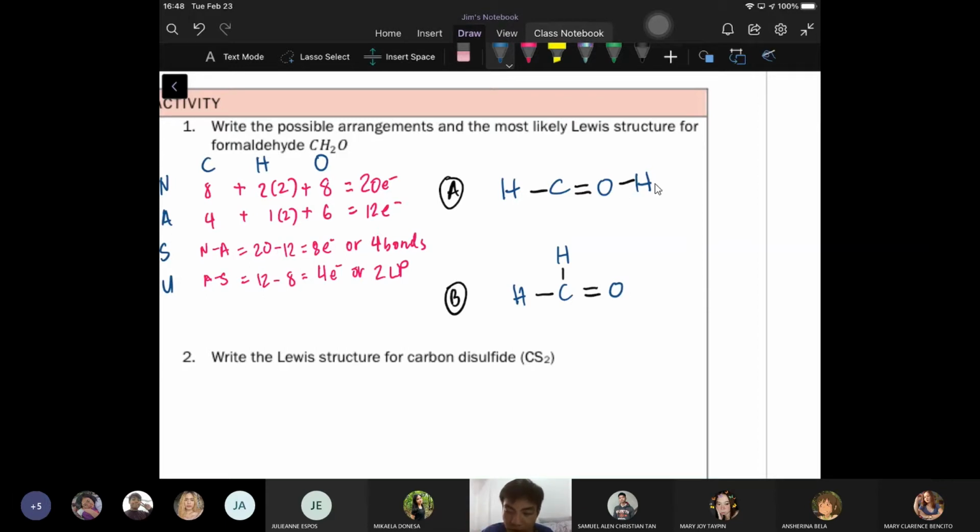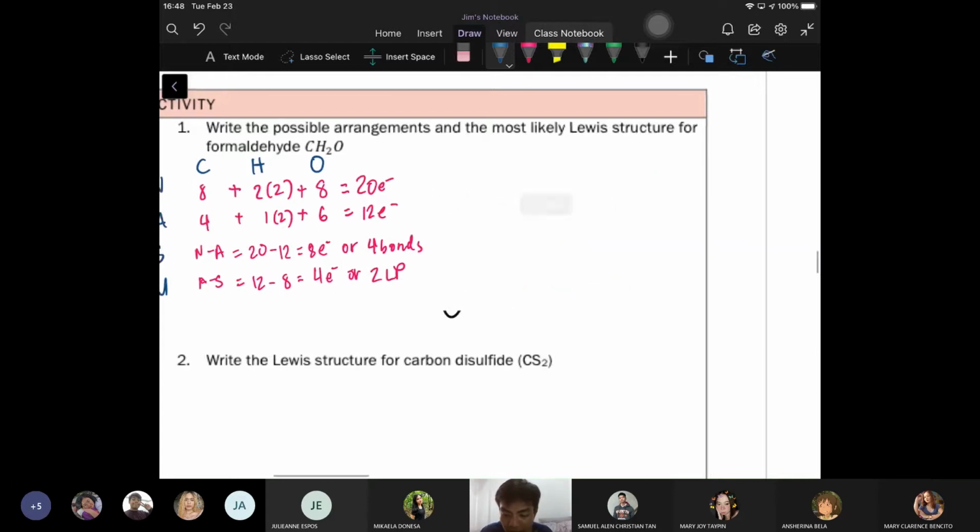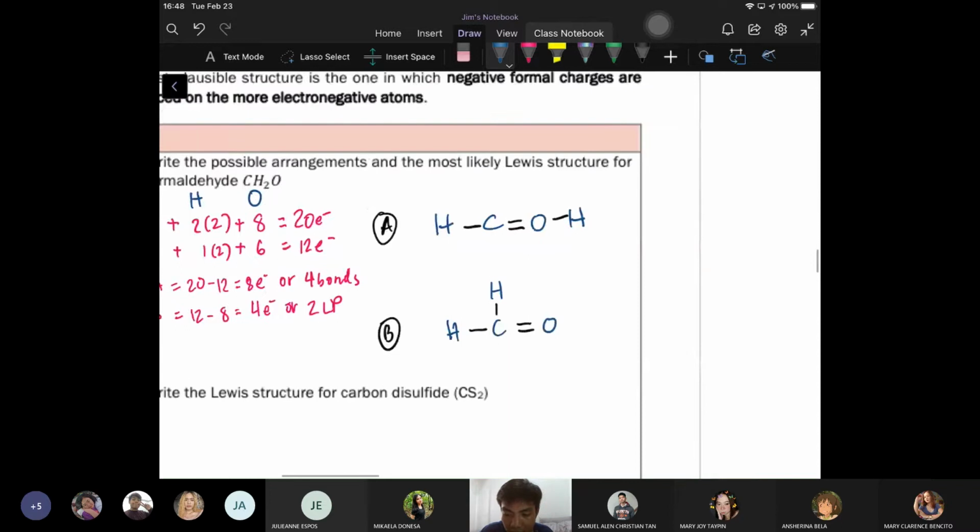When distributing lone pairs, you check first kung octet na yung terminal atoms. Kasi kapag hindi siya octet, then you can apply the lone pairs para makumpleto yung octet niya. Okay? So, kapag kumpleto na yung octet ng terminal atoms because of the lone pairs, dun ka magbibigay sa central lastly.